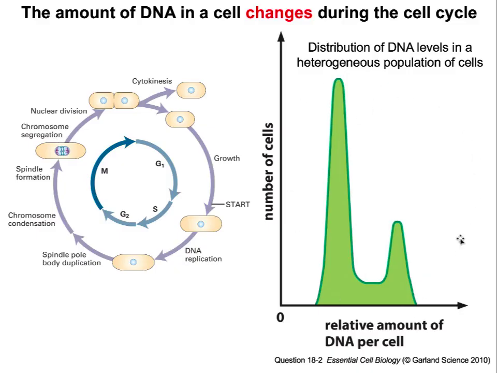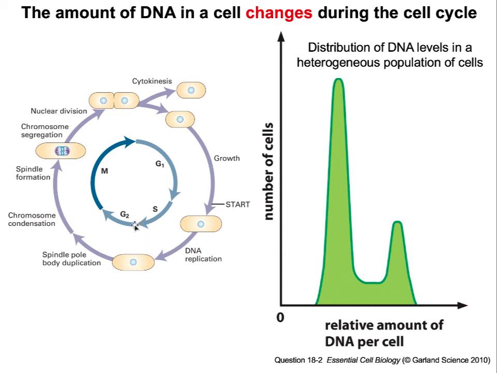So relating this graph to the cell cycle should be now straightforward. So this peak here at the lower abundance corresponds to the time when the daughter cells form up until the beginning of S phase. This plateau here corresponds to those cells which are in S phase. And as they go through S phase, more and more of their DNA has been doubled until they get to the end of S phase, when they're now at the second peak.